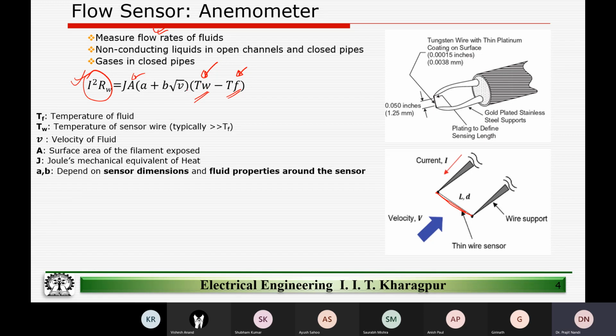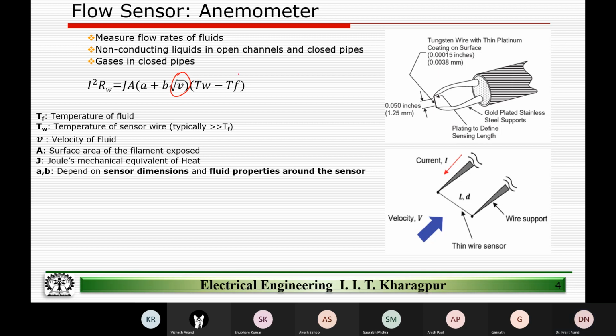If you look at this equation, we can maintain a few things as constant. We can either make the current constant, or we can make the temperature of the wire constant. I repeat, looking at the equation, the velocity of the fluid is not under our control, because this is what we are measuring.